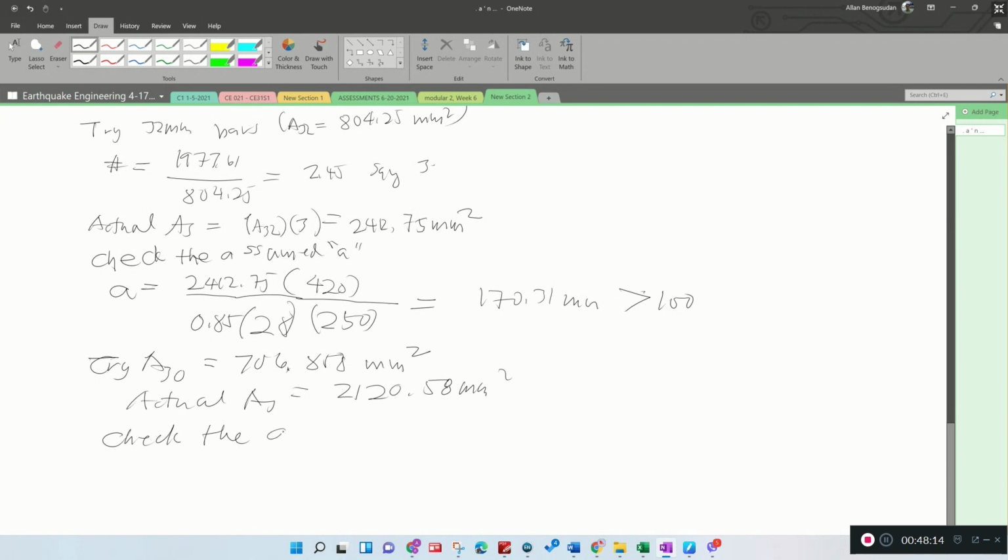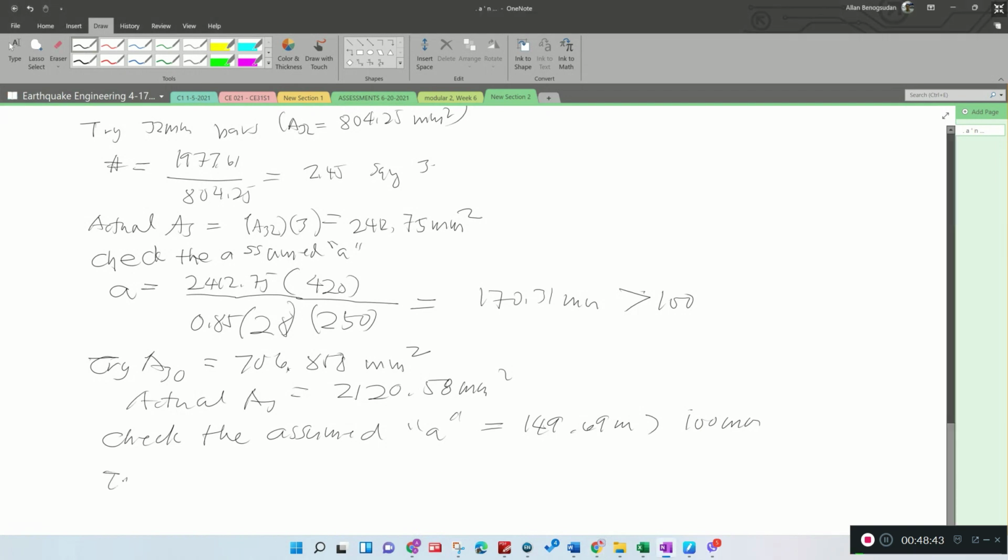Check A again. Is equal to, the same computation, 149.69 mm, still greater than 100 mm.